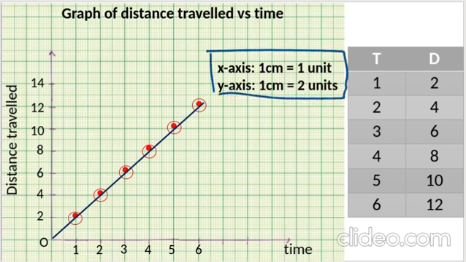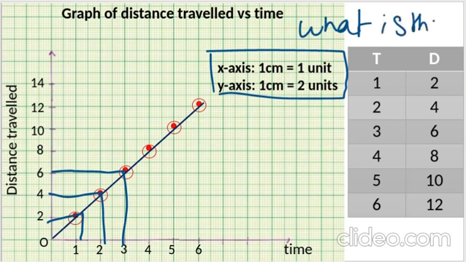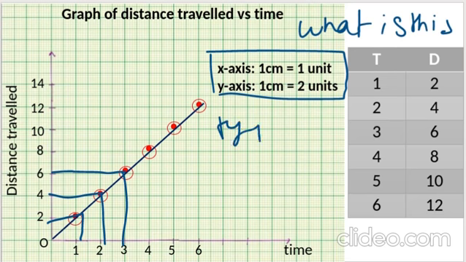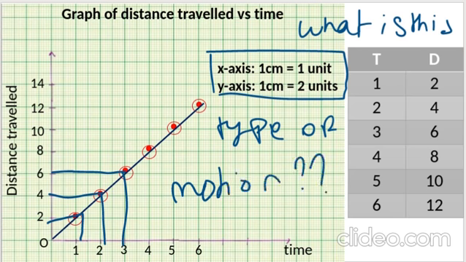I will write here 1 second, then 2 meters, 2 seconds, 4 meters, then 3 seconds, 6 meters. So which kind of motion is there? I want this to be written in the comment section below. Let me know in the comment section below which motion this is. Is it uniform or non-uniform motion?